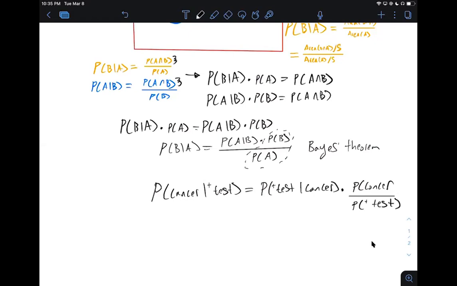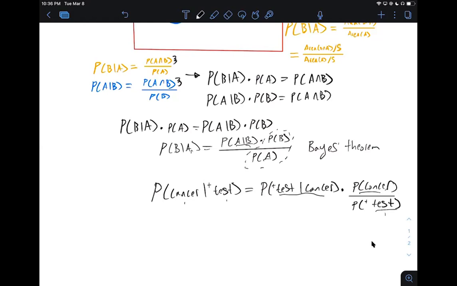Right, so you can see how this fits into the formula that we derived above. We let B here be cancer, we let A be a test. So we said that the probability of A given B, or the probability of a test given cancer, is equal to the probability of B, or the probability of cancer, over the probability of A, or the probability of a test.